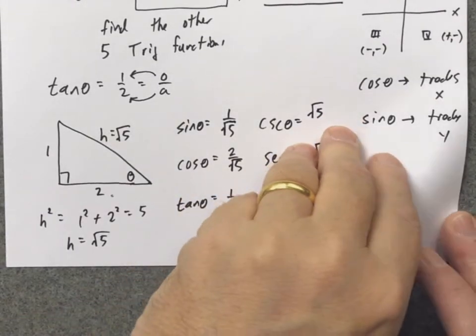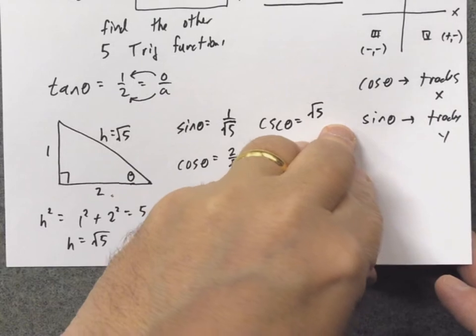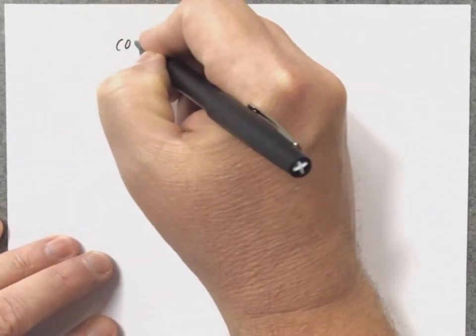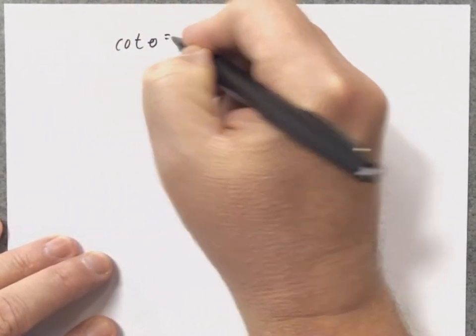Now let's do another one just like that, except it's going to be a little more complicated, or just have some things you have to pay attention to. So how about, let's do this one. Same idea.